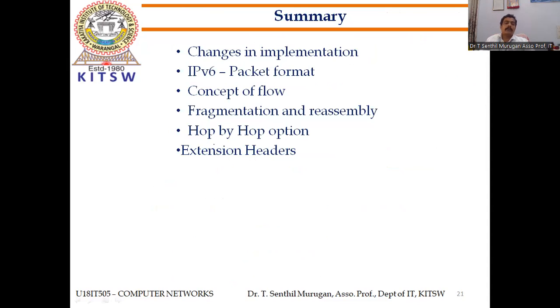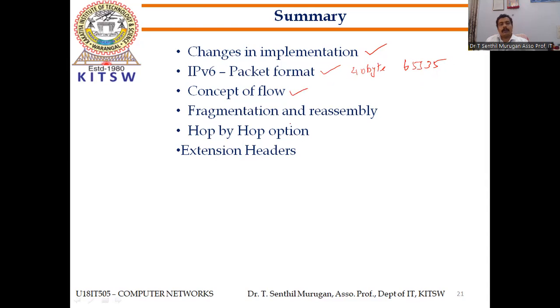Okay, so now we are going to do the summary. Changes in the implementation: what are the changes we made? Packet wise, security wise, authentication wise, size wise, routing wise. So these are the changes we see. In the IPv6 packet format, 40 bytes is the base header. The remaining 65,535 bytes are used for payload.